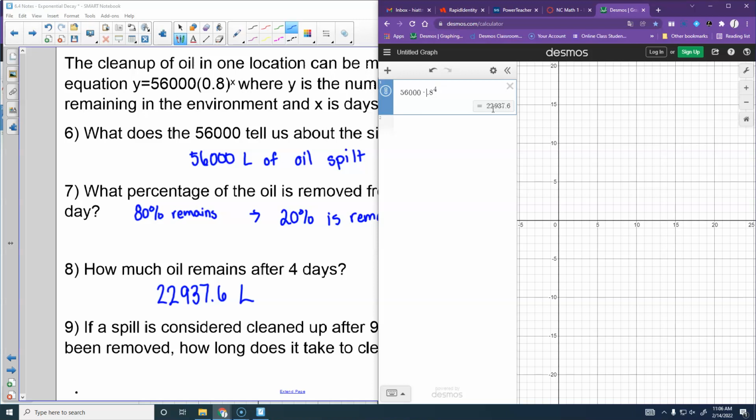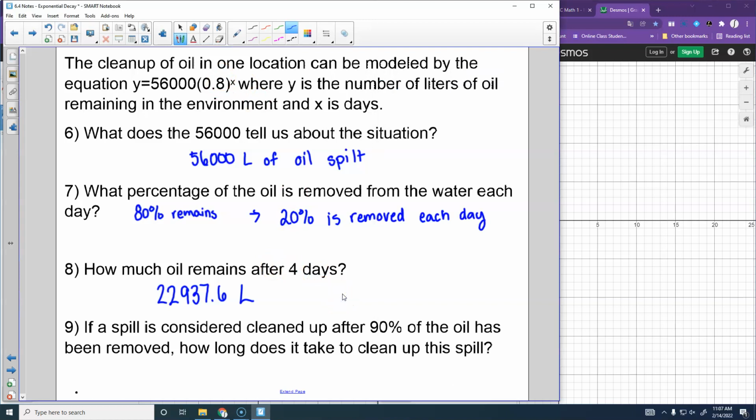So if we're looking at a situation where we want this to decay, we need a number for our b value that's less than 1, somewhere between 0 and 1. On these decay problems, this number should be between 0 and 1. If it ends up being more than 1, it's actually going to be growth. So that's a good question. We do not put the 1 in front for these.